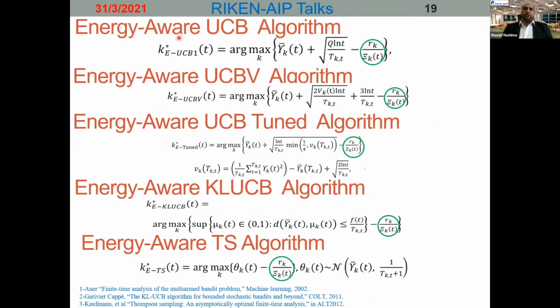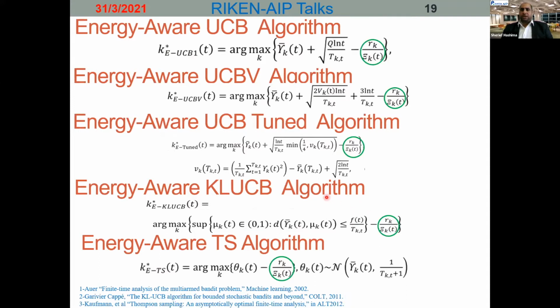We did the same for the UCB, UCBV, and UCB-tuned algorithms by Auer 2002, by adding this term to make budget-constrained and energy-aware neighborhood discovery algorithms. And also for KL-UCB by Cappé 2011.